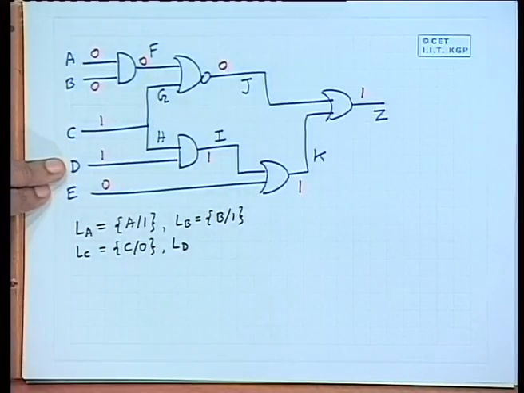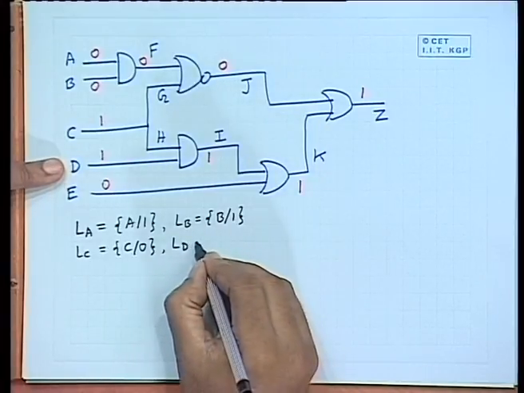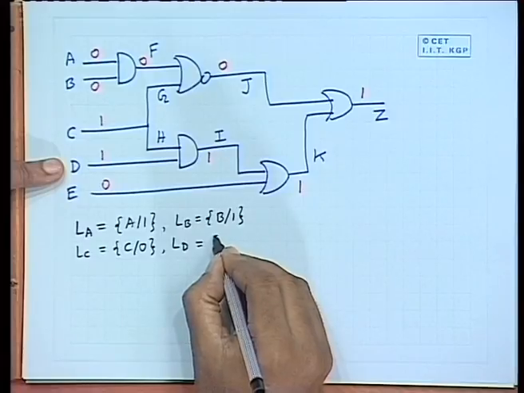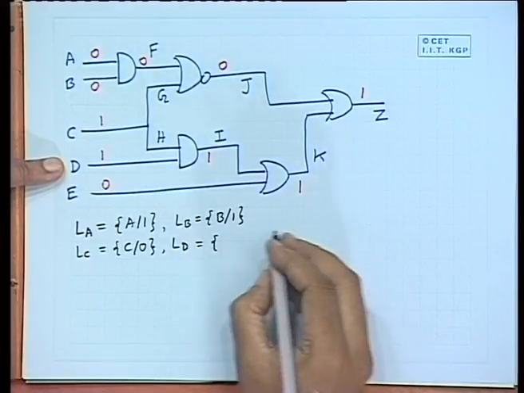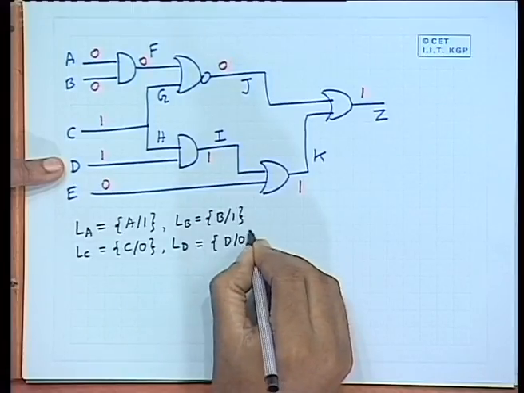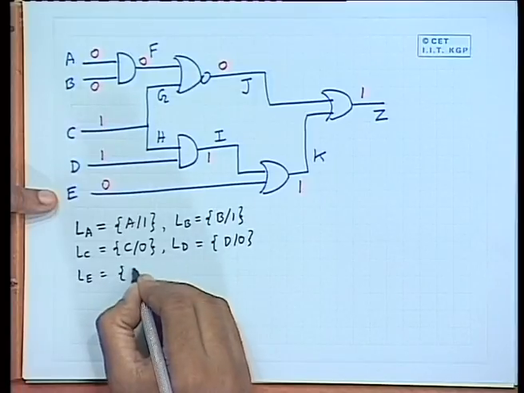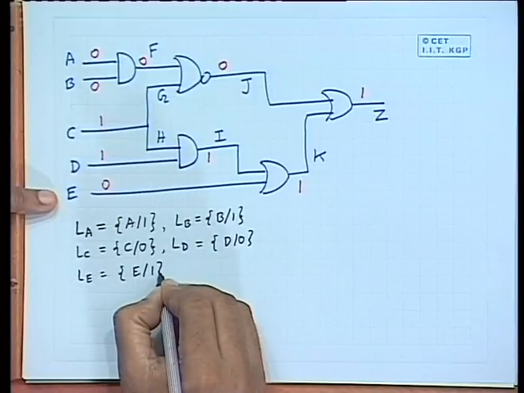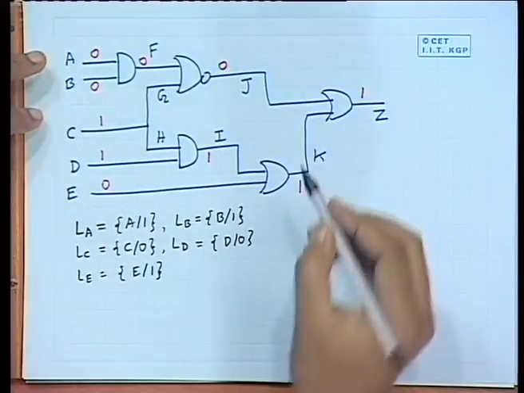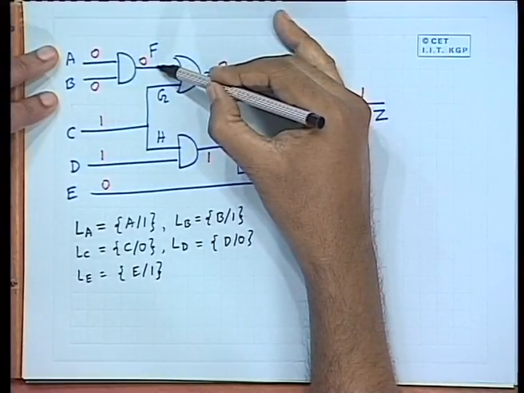LD will contain D stuck at 0 and LE will contain E stuck at 1.